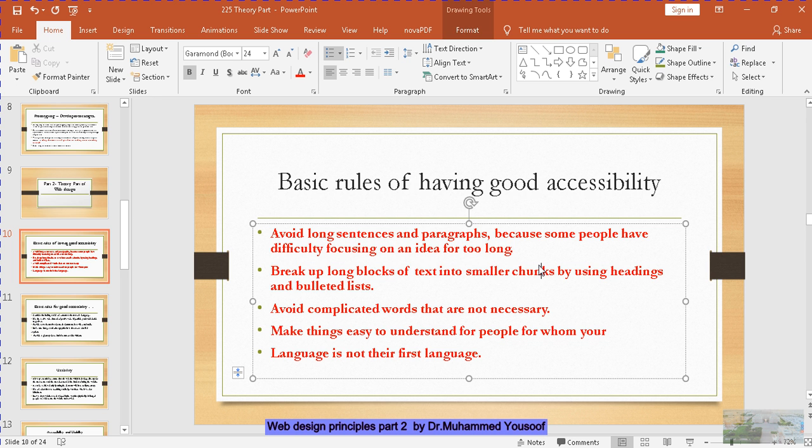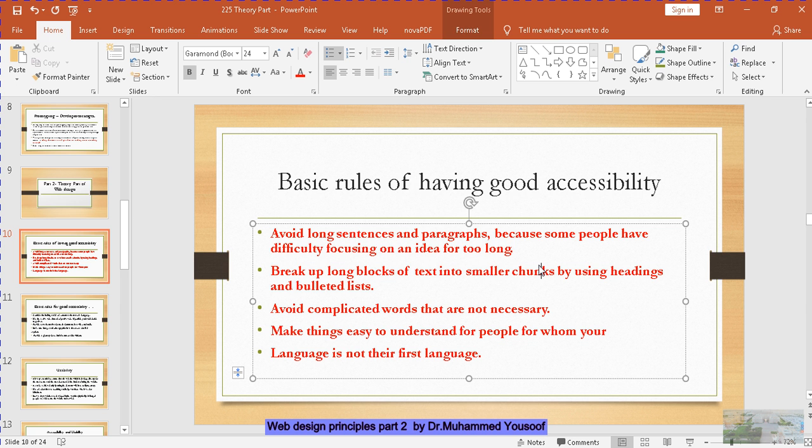If you look at some other website and decide to develop a website similar to that one, it is not a good idea. You have to understand who your customer is and what his abilities are, and you have to decide on the things according to his level, not according to the level used by other people. As I told you, we should not use very complicated words, because language is not their first language.